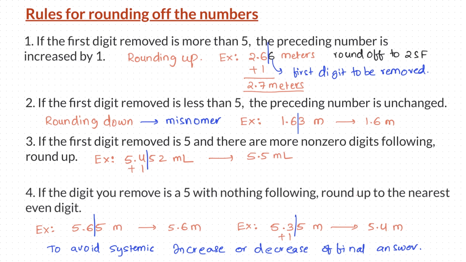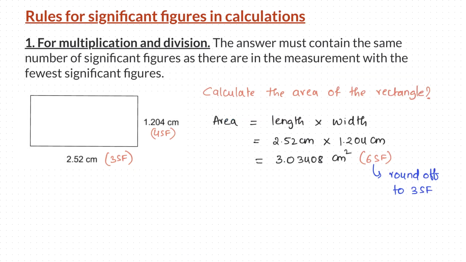Now that we know the rules for rounding off the numbers, let us go back to the previous slide and finish our solution. We calculated the area of rectangle to be 3.03408 centimeter square. However, we need to round it off to 3 significant figures according to the rules. The first digit that we are removing is 4, which is less than 5.